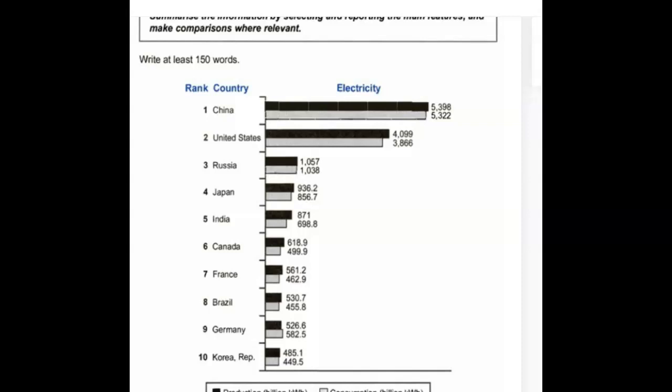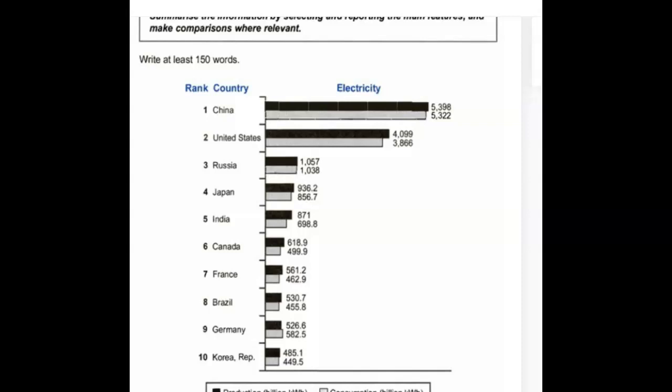Or you could say that something was half as high as, or the figure for X was double that of Y. Alternatively, you could say that the figure for X was 5 times as high as that of Y.